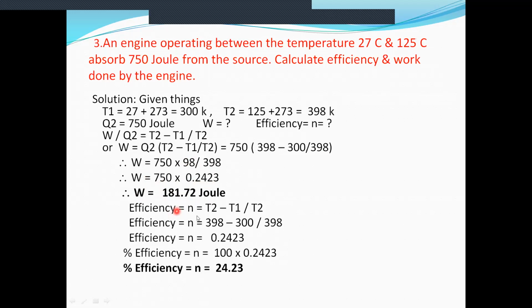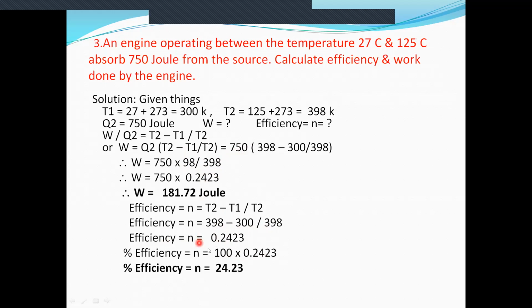Now efficiency is equal to the formula T2 minus T1 upon T2. Put the values. Efficiency is equal to 398 minus 300 divided by 398. As we have already done the calculation above, that is 98 divided by 398, I have written the answer directly.